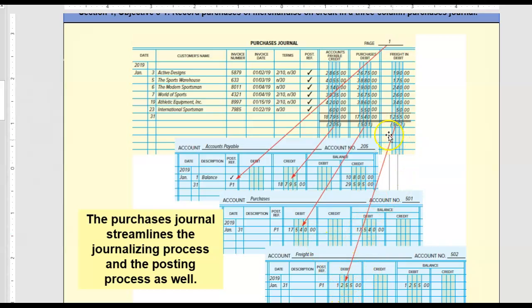So these are not entered individually in the general ledger. They will be entered individually in the subsidiary journal, which is the more specific journals. Right now, they're just general total numbers that go in the general ledger.